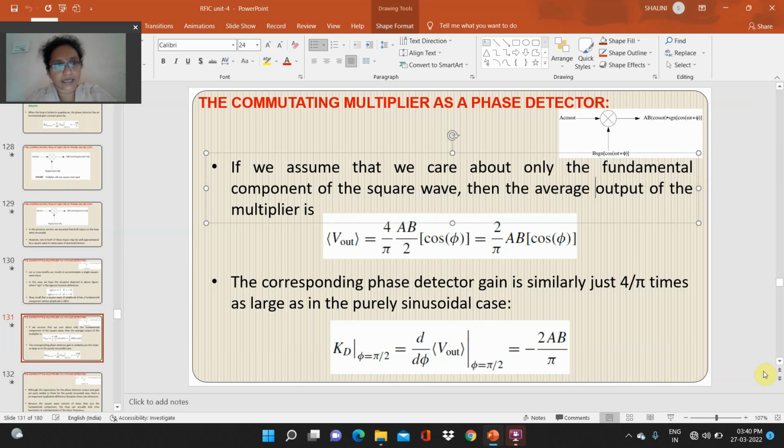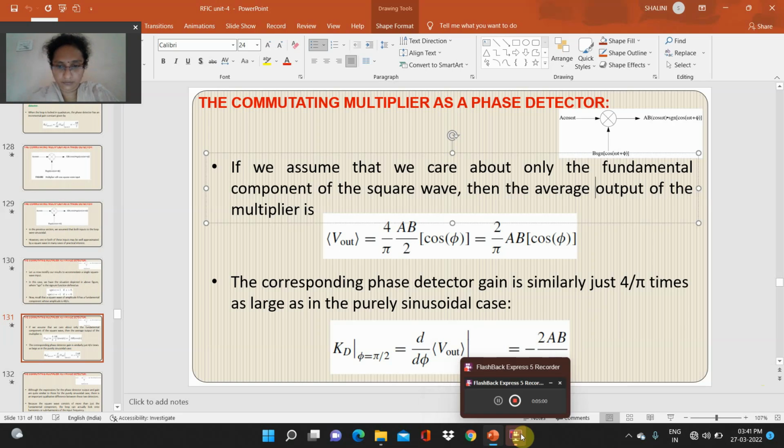Next, the corresponding phase detector gain is similarly just 4 by pi times as large as in the purely sinusoidal case. That is, Kd at phi equal to pi by 2 is equal to d by d phi of V out at phi equal to pi by 2, which is equal to minus 2AB by pi.